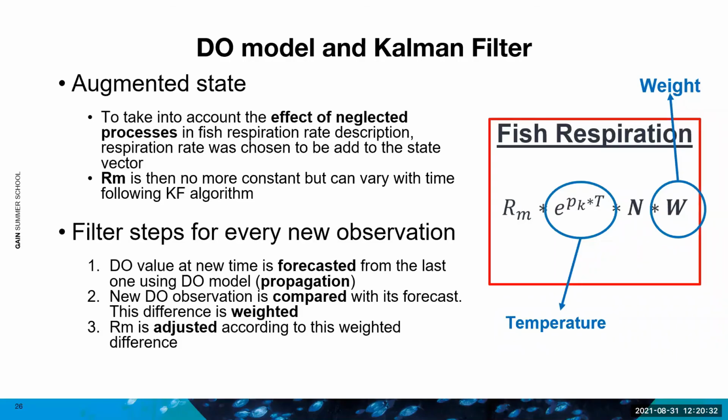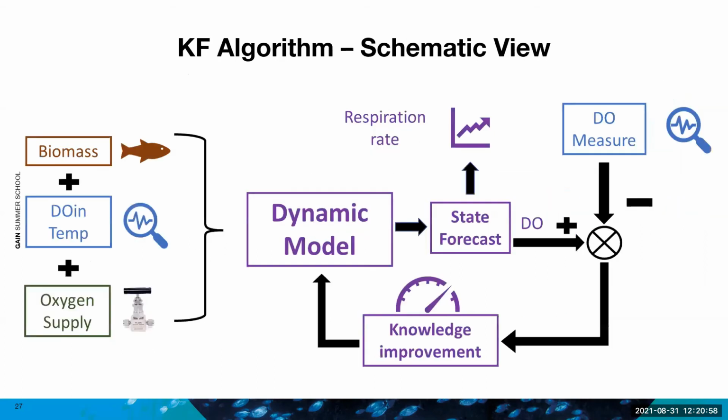This forecast was compared with the newly available observation. The difference between these two was weighted. There is a specific term in the Kalman filter, the gain, that allows you to weight the difference between observation and forecast. And the respiration rate was then adjusted according to this weighted difference. So this is more or less the three steps of the Kalman filter.